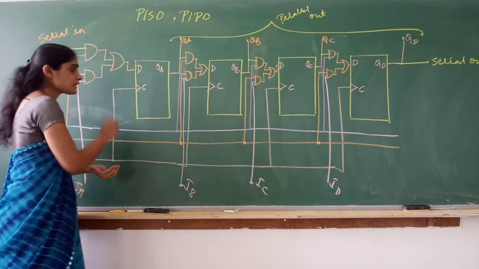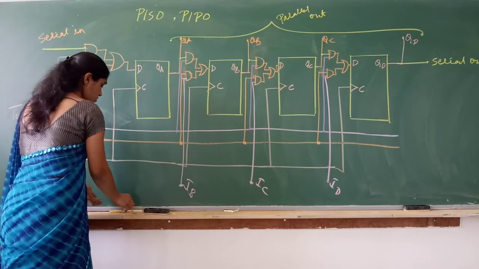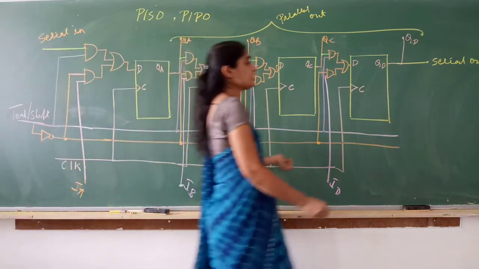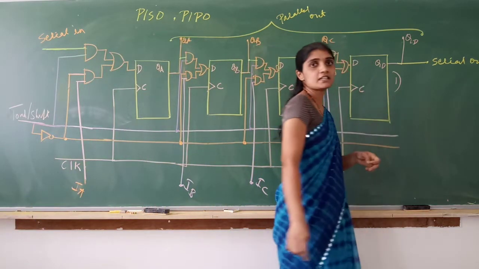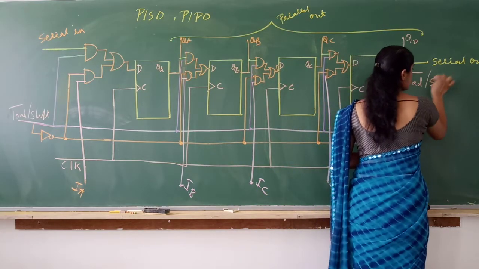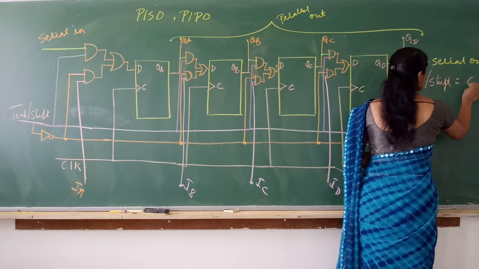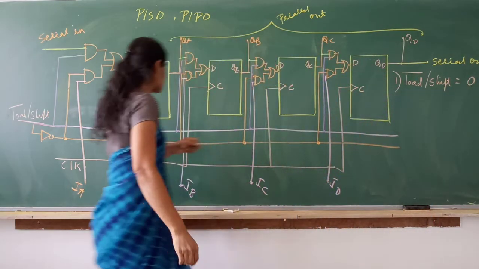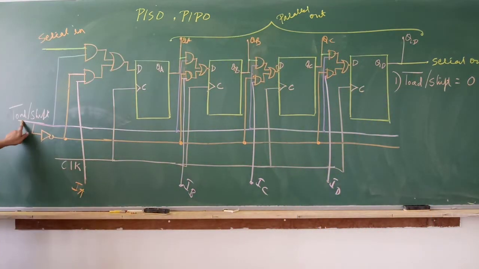So now let me explain how this circuit is going to work. Okay, listen very carefully. First condition, I will give load bar shift line as 0. See, this line I have called it as load bar shift line. Now I have given it as 0. So what happens when I give load bar shift line to 0?